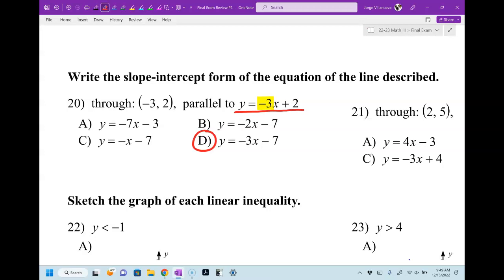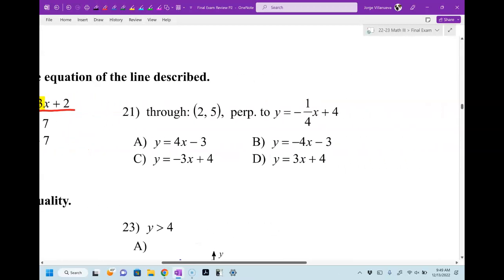Okay, for number 21, well, they want it to be perpendicular to that equation. Well, perpendicular slope means you got to flip it and change the sign. So what would that be? A 4. So which one has a 4 as the slope? A. So you're done.